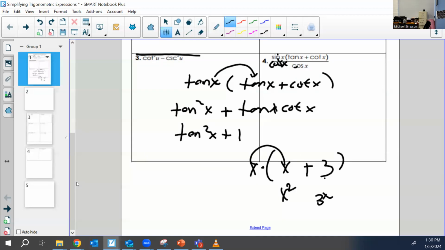So you have a tangent, and you distribute, but that would turn the tan x into tan squared x, right? No, I didn't turn it. I'm multiplying. You see that now? Then I multiply the cotangent by tan x. That gives me tan x cotangent x.